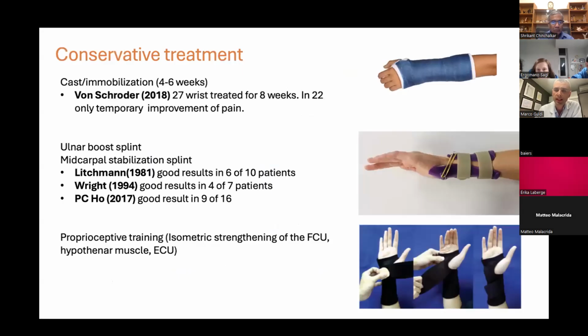For conservative treatment, I don't have anything more to add after this university-level talk of my previous colleague. And of course, cast immobilization is sometimes detrimental, and we have some improvement, but temporary, just because of the attenuation of the ligament. And I think the therapist plays a really crucial role at the very beginning, and can really change the destiny of a lot of these patients.